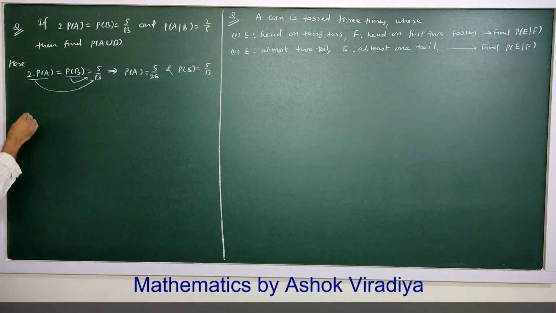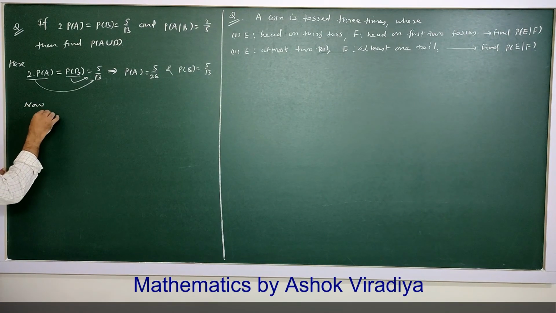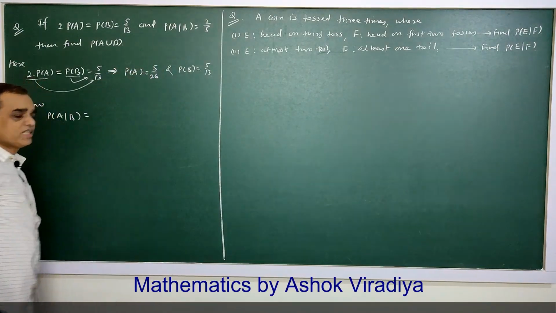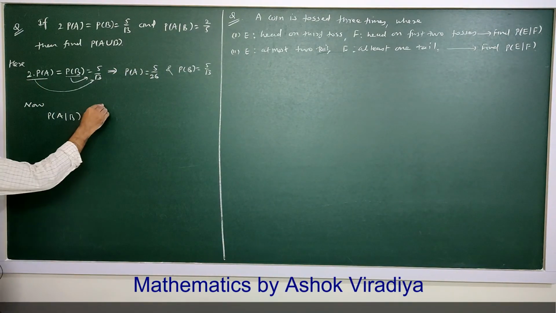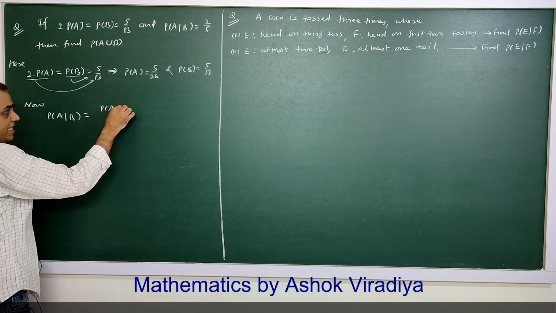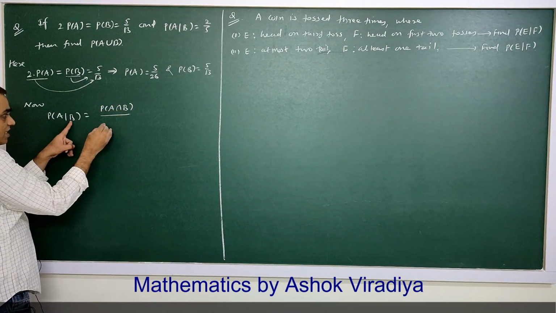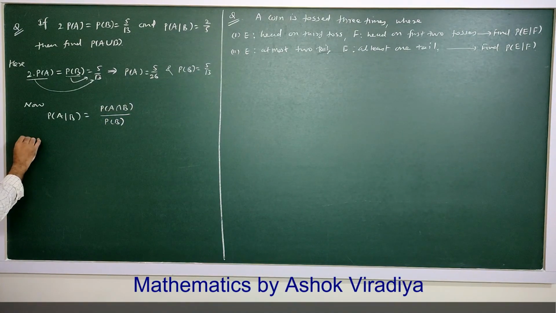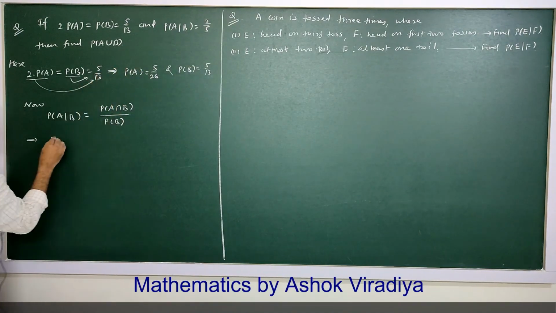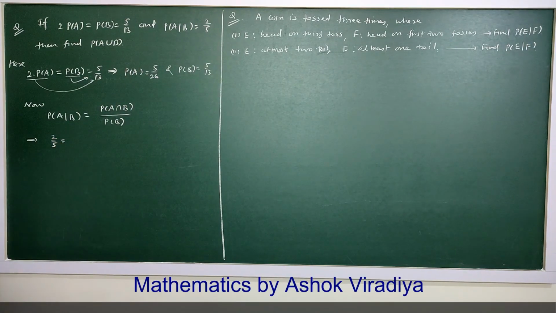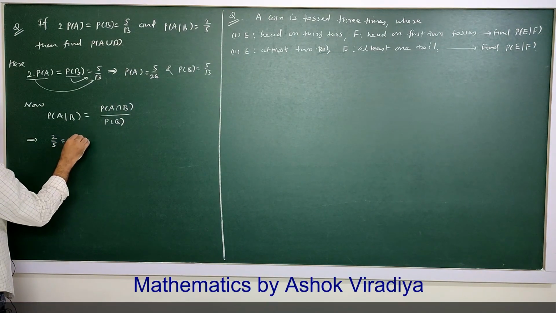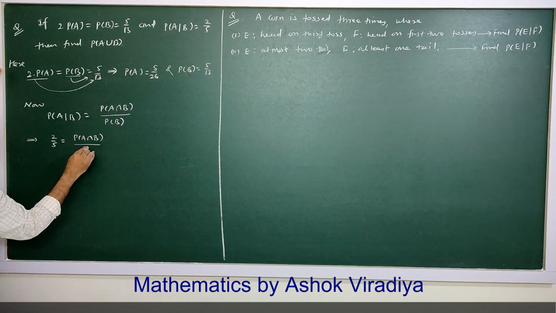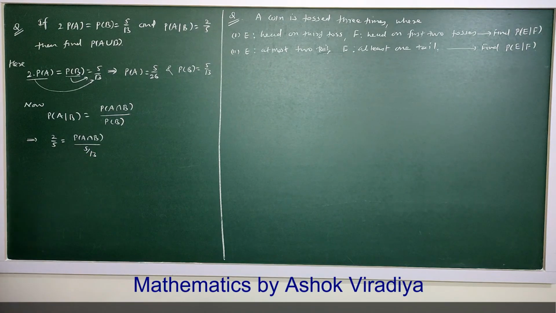Now, we take formula for P of A by B, because value of P of A by B is given. P of A by B is P of A intersection B upon, say here condition is B, so P of B. Substituting values, P of A by B is 2 by 5 equal to P of A intersection B upon P of B is 5 by 13.